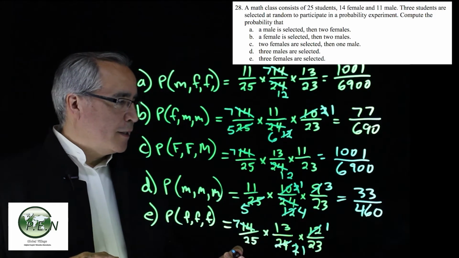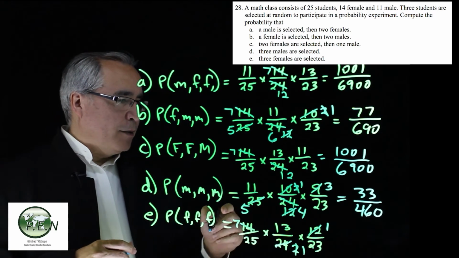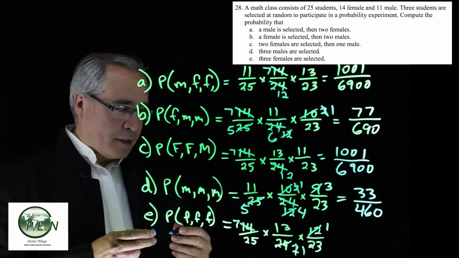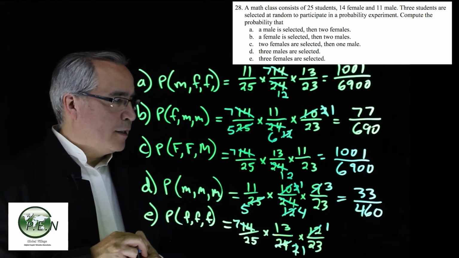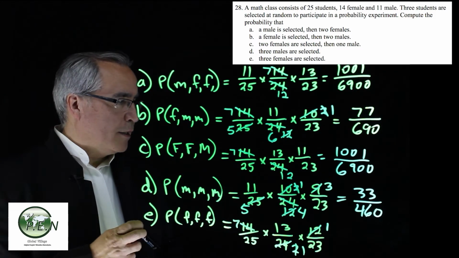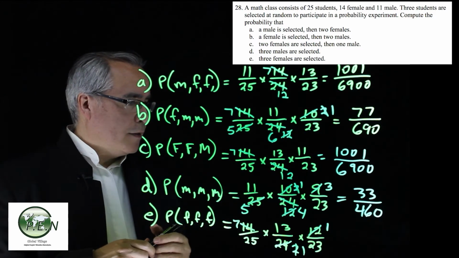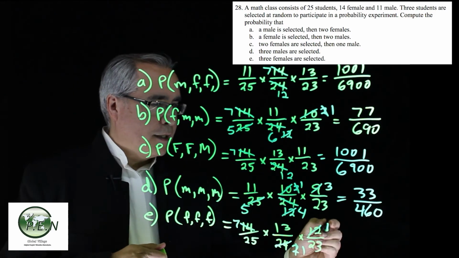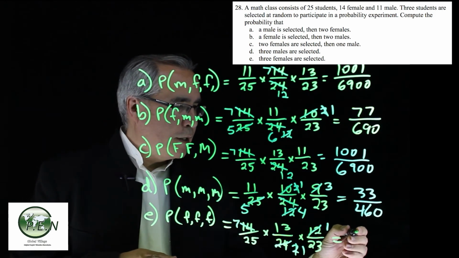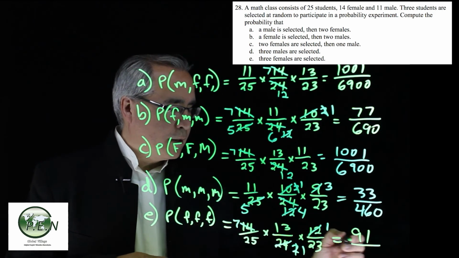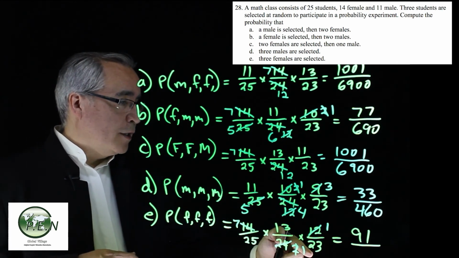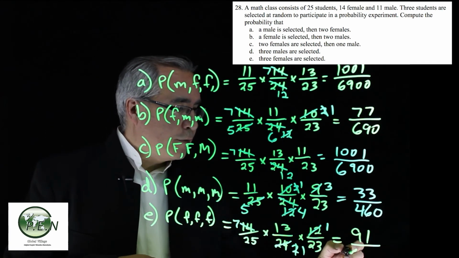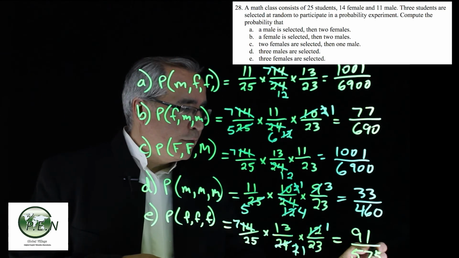That's pretty much it. I think so. So then we get 7 times 13, which is 91. 25 times 1 times 23 is 575.